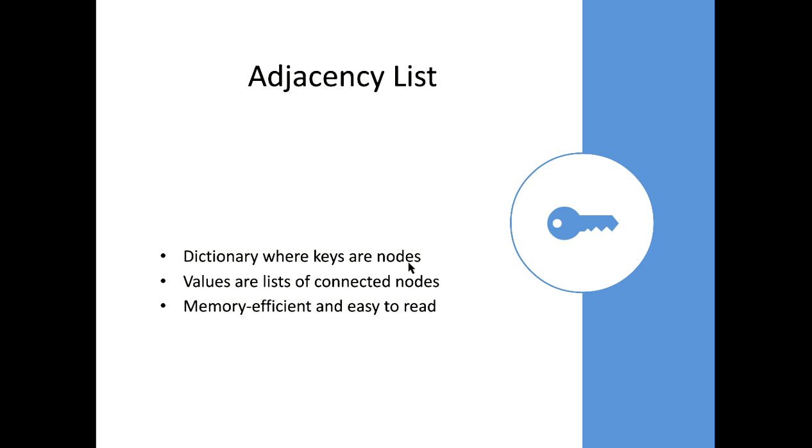In the previous example we had zeros and ones, which is nothing but a dictionary form in Python where keys are all nodes and values are lists of connected nodes. Memory efficient and easy to read.